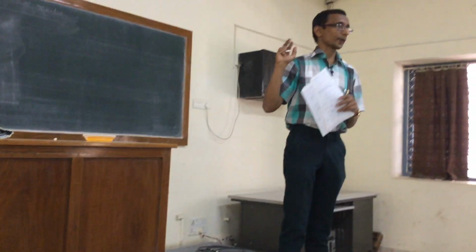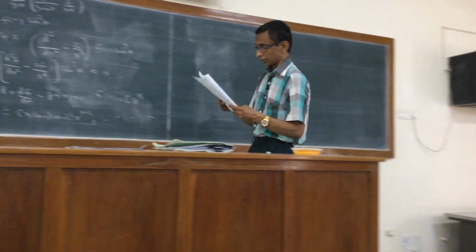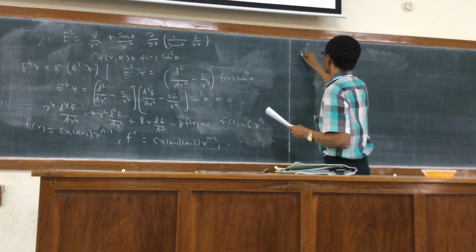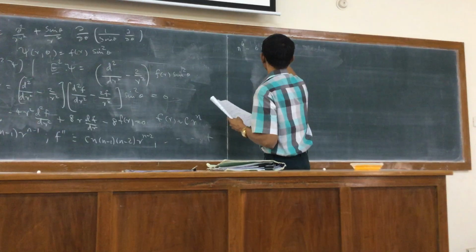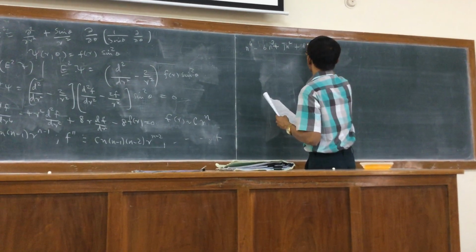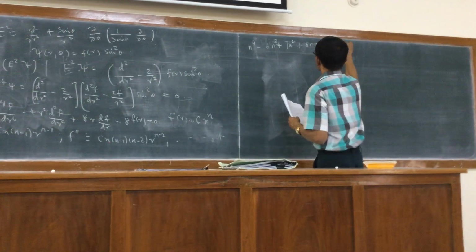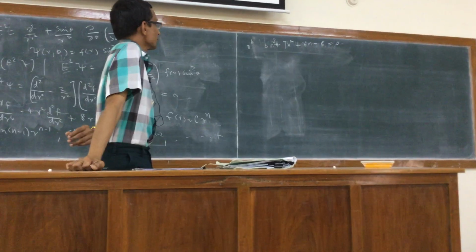You take all that and substitute it into the equation, then you will get the following fourth order equation in n. So I'll leave that as an exercise for you to do. This is the fourth order algebraic equation in n.